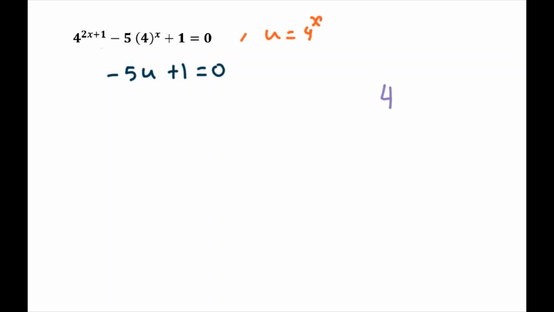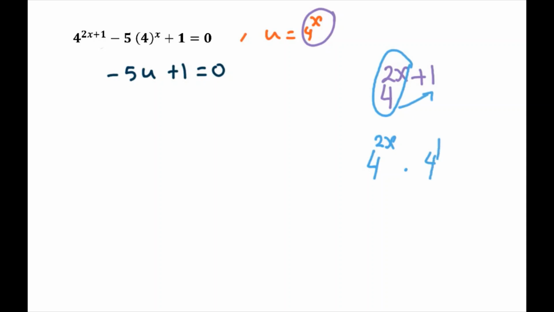4 to the power of 2x plus 1. We need to rewrite it, so we do have 4 to the power of x, to the power of 2, because we need x squared, remember? Well, that's 4 to the power of 2x. So can I write it as 4 to the power of 2x multiplied by 4 to the power of 1?